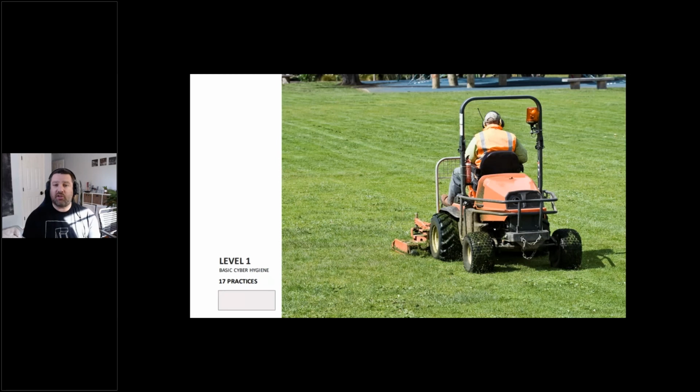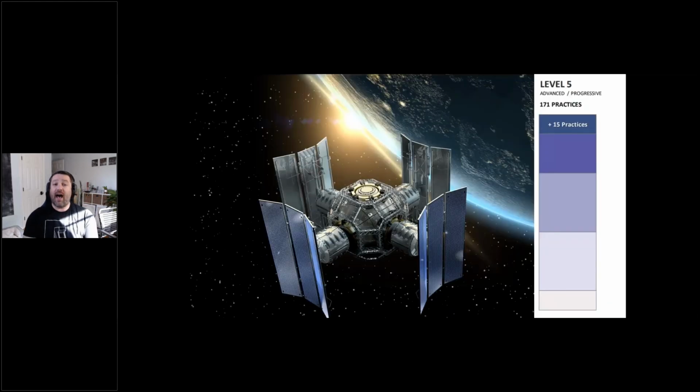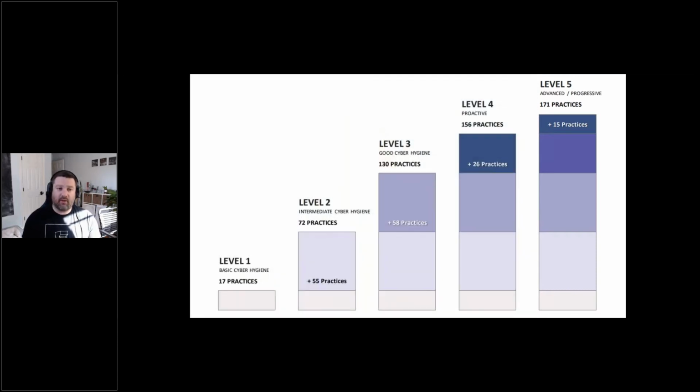Remember, level 1 has only 17 practices, but level 5 has 171 practices. So depending on the type of contract you're bidding on, you're going to need to be assessed at an appropriate level. As you can see, we've got 17 practices at level 1, 130 practices at level 3, 171 practices at level 5.